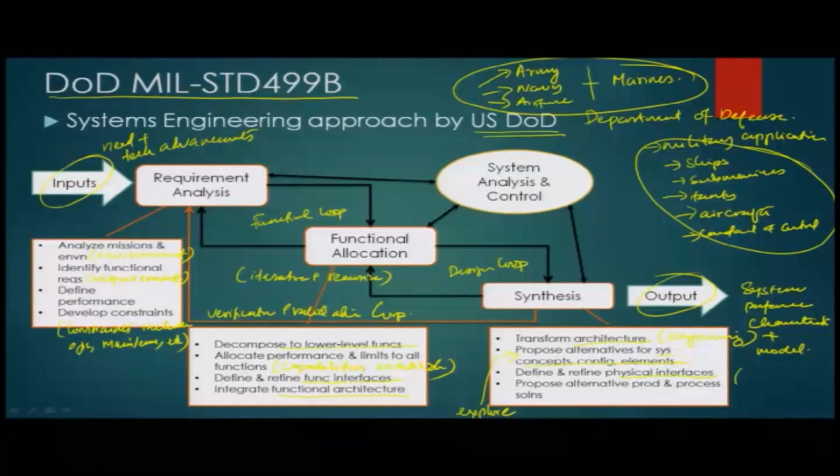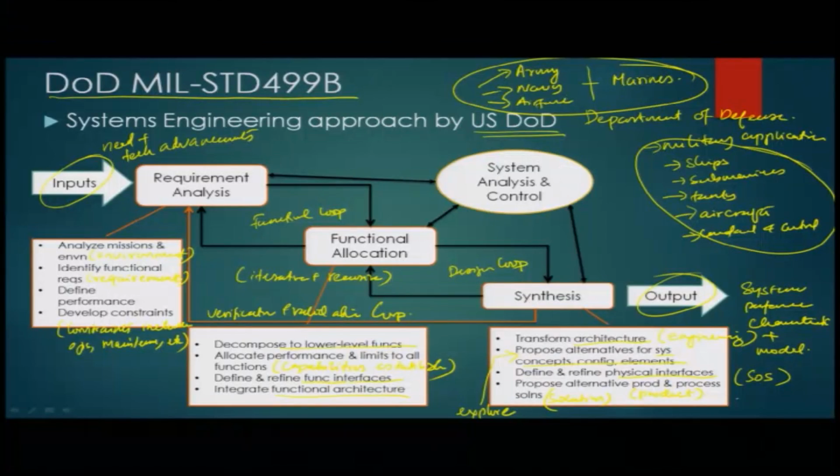What we earlier studied as SOS, systems of systems, is part of this. So, how the interfaces interact, and what the details are, also gets specified here, and you propose alternative product and process solutions.